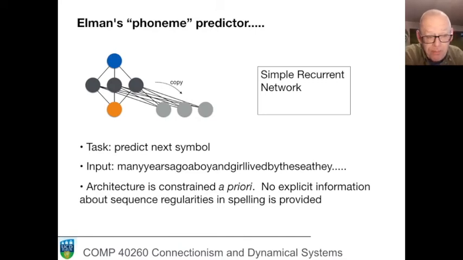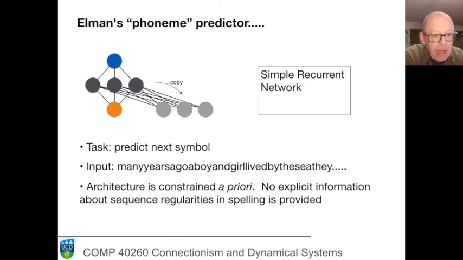Looks impossible. Is impossible. But it's possible to do better than nothing here. So having seen M, the network is tasked with predicting A. Now there are undoubtedly other M's in this data set, and they're not all followed by A. So the task is in principle undoable.